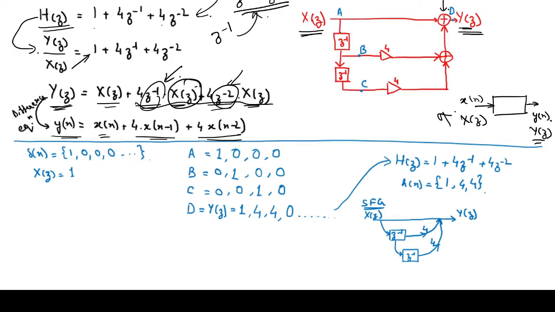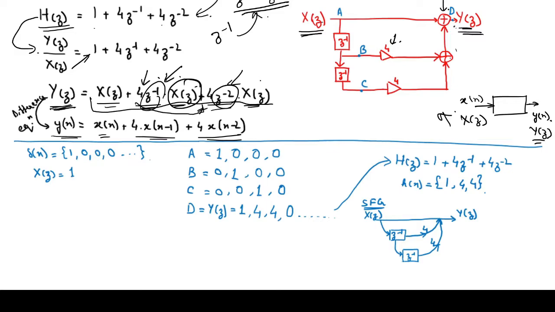Okay. After this delay, this is getting multiplied with 4. So we have a multiplier operator which multiplies by 4. Then we have an adder. So we are having the adder over here, and it is going to Y(z) because it is being added here. So up to this one we have completed.